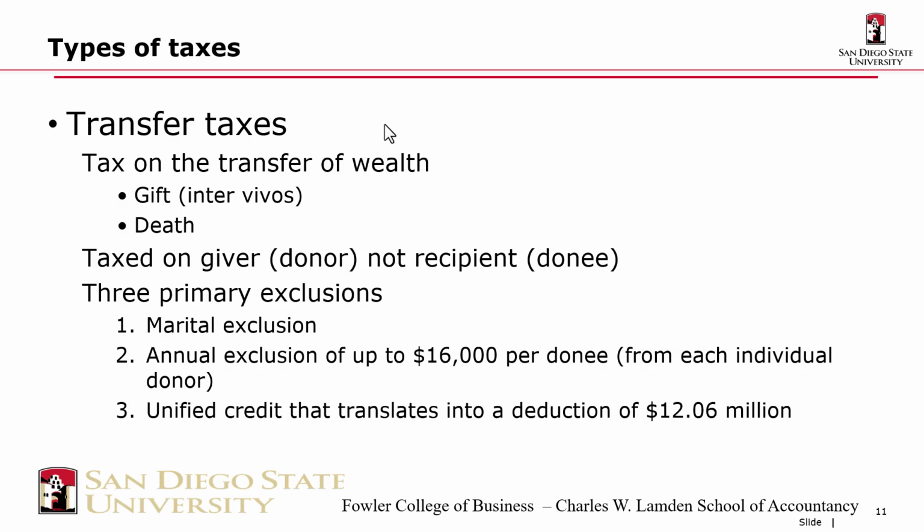So what that means is I can give away $12 million and not pay any transfer tax. But if I give $13 million, now I'm probably going to have to pay transfer taxes. That's why it really is only for the wealthy, because I don't even have $12 million to give away, much less 13.